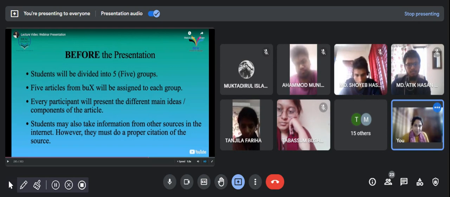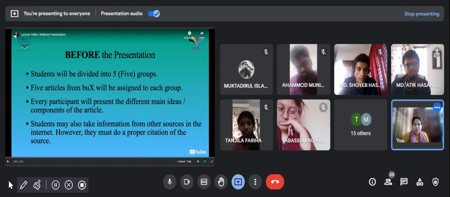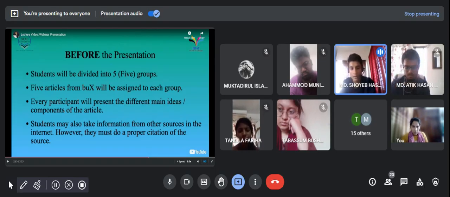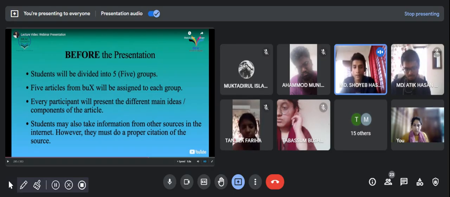So Shoaib, can you describe the fourth point? What you are going to do for the fourth point? Okay, ma'am. First of all, you will divide us into four groups, and in each group there are six members, and you will assign us an article, and each of the students will get two paragraphs from the article.